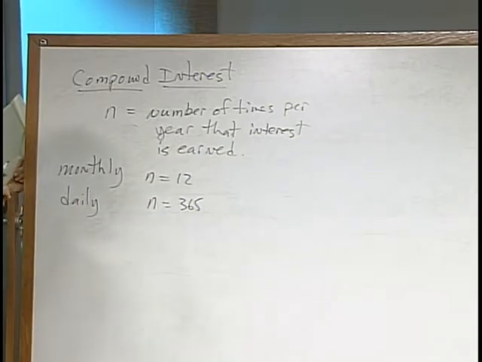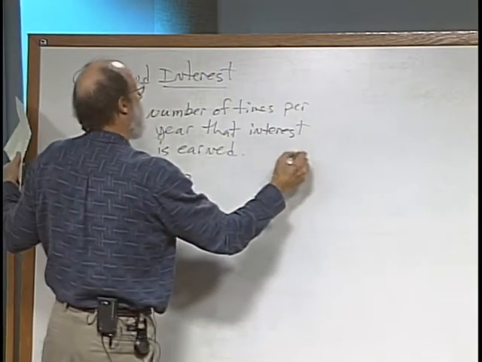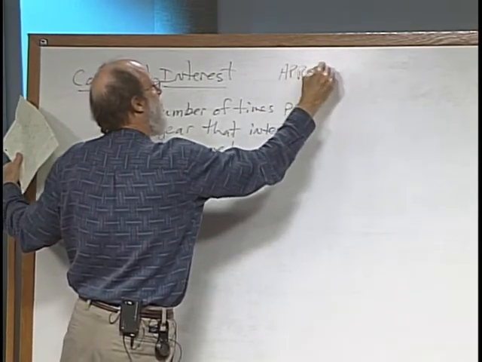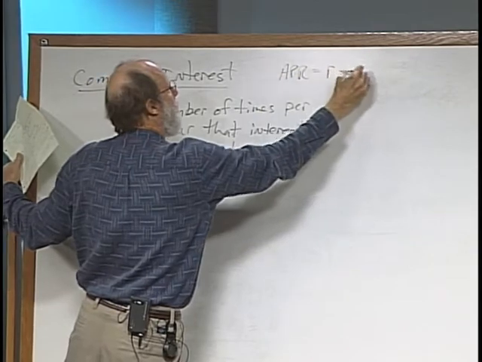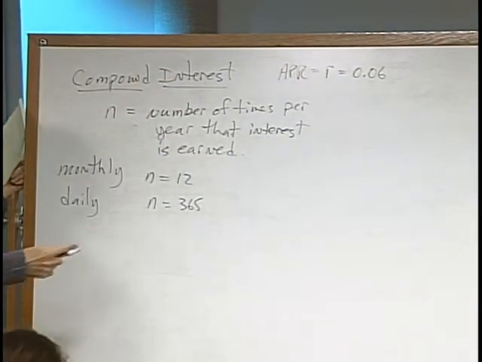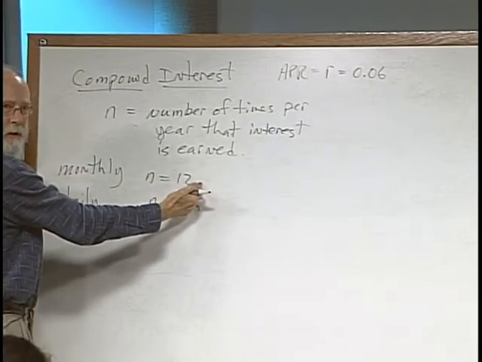Now, are they going to give you, let's say we have a 6% investment where that's the annual percentage rate. Let's stick with APR is equal to R, which is, let's stick with 0.06 in our example. Are they going to give you 6% every month?